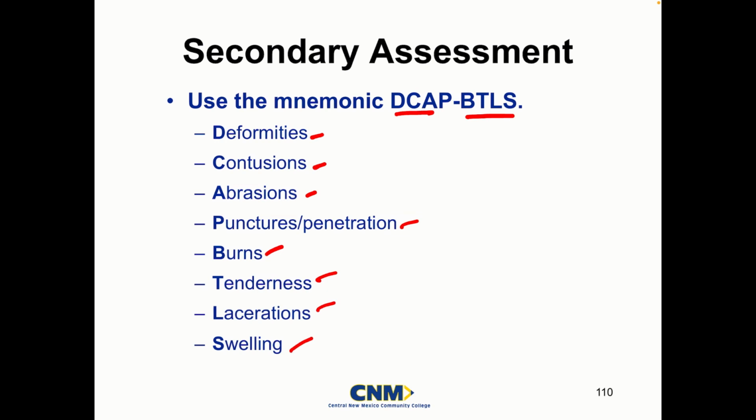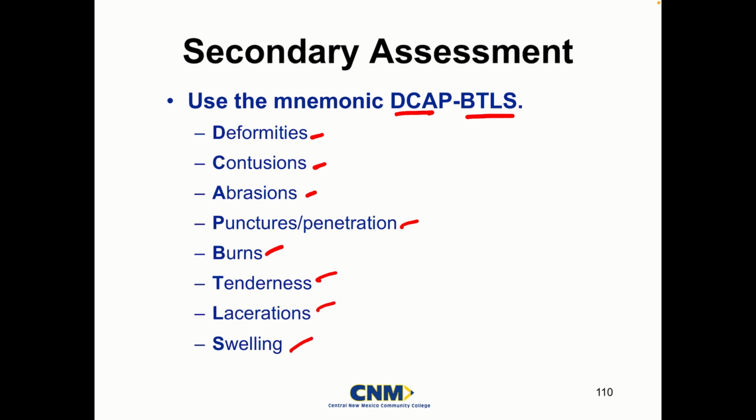Think of something like a road rash, for example, for abrasions. Punctures and penetrations, these are stab wounds, puncture wounds, shootings, all of those things would qualify. Burns are either thermal or chemical, but they're a burn to a portion of the patient's body. Often that will come with some physical damage to the skin when present.